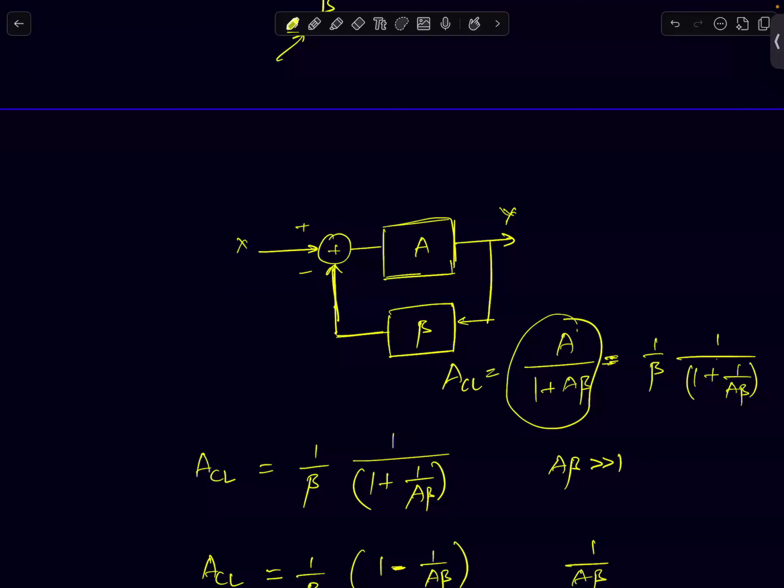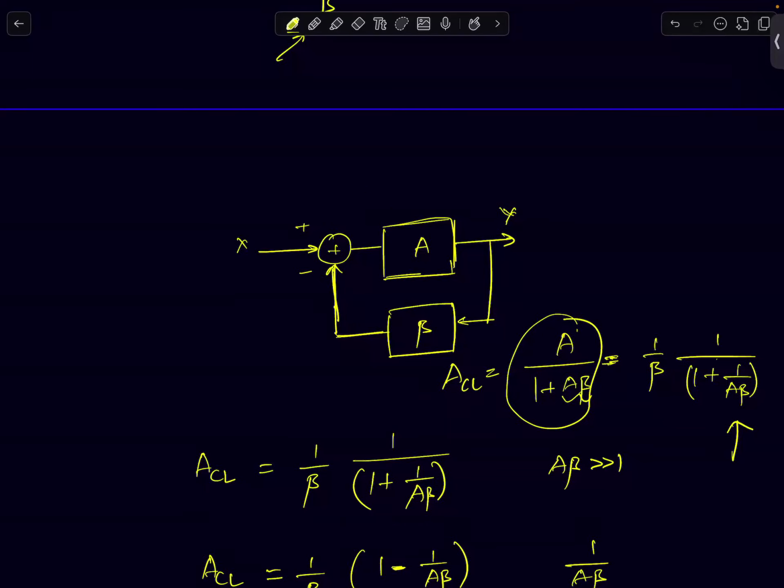So A closed loop is given by A by 1 plus A beta. And if I take A beta common out, I can express this as 1 by beta into 1 by 1 plus 1 by A beta. Look at this term.